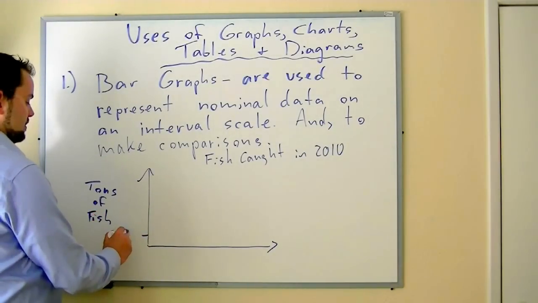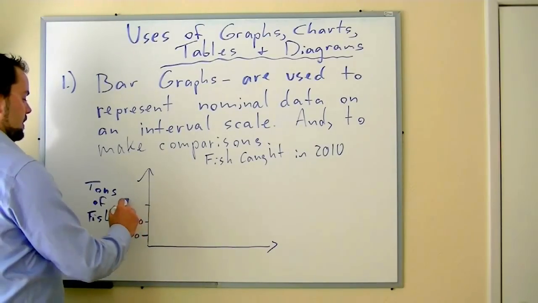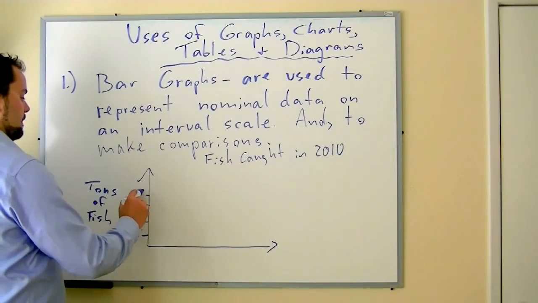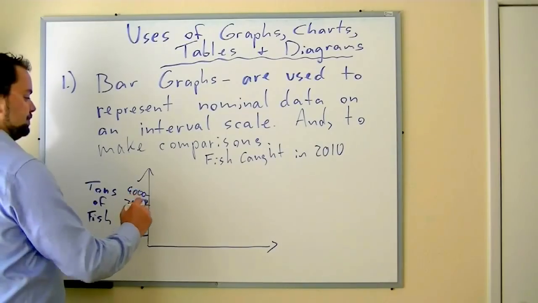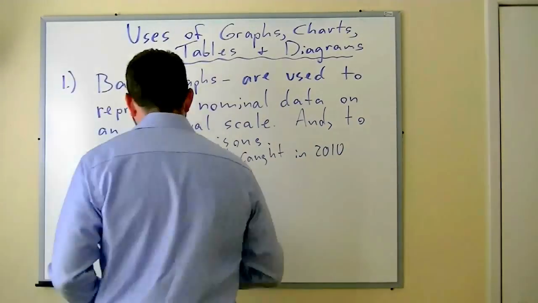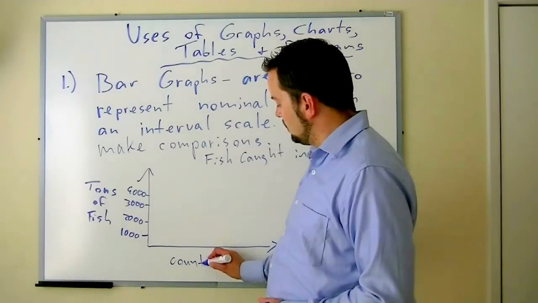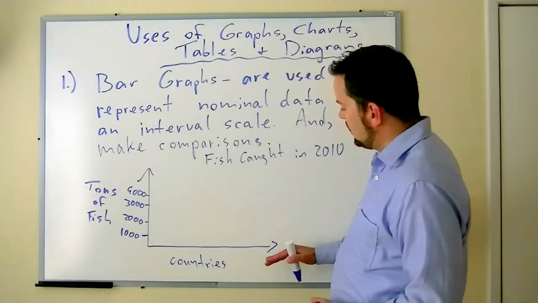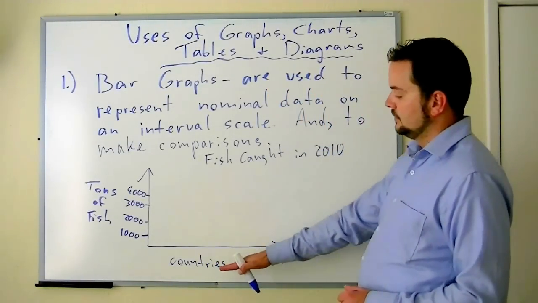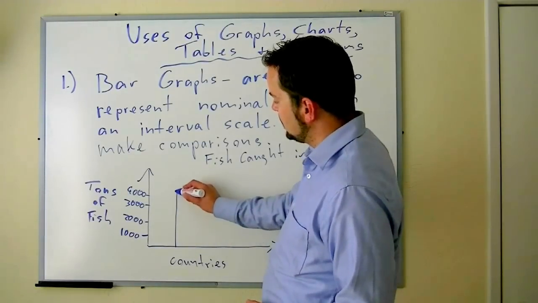And let's just imagine we have 1,000, 2,000, 3,000, 4,000. And now, of course, we'll have some bars. Maybe this comparison is between countries. So the y-axis title is countries. And let's just use 2 simple bars.